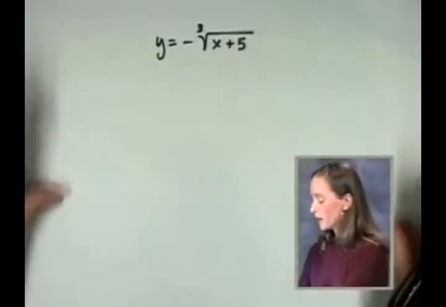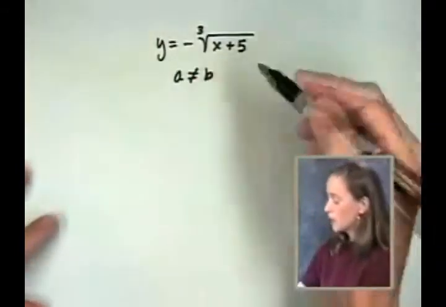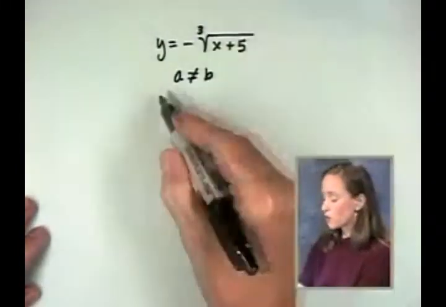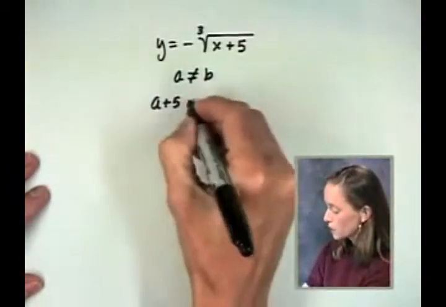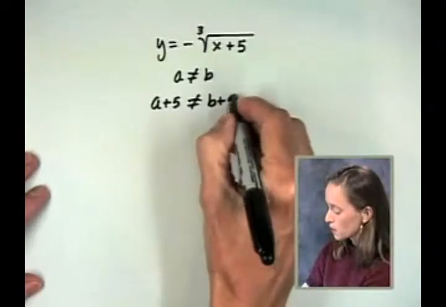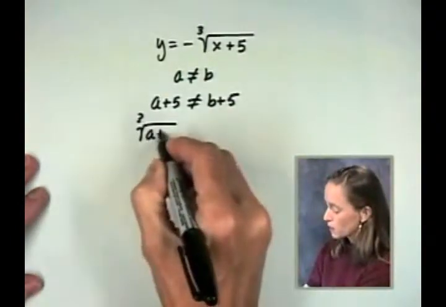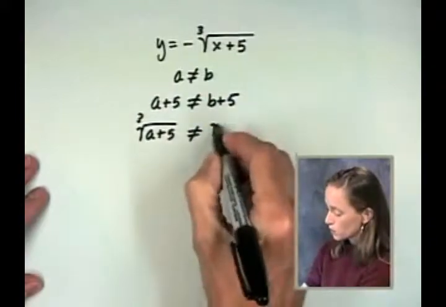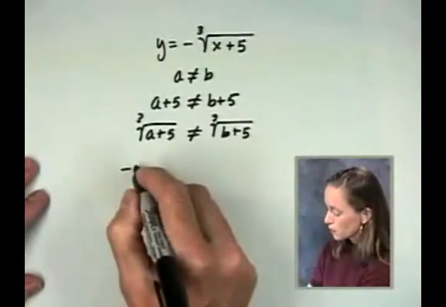We start, as the definition says, with the statement a not equal to b. And now I'm going to try to build this function on both sides. If a is not equal to b, a plus 5 is not equal to b plus 5. Now the cube root. The cube root of a plus 5 is not equal to the cube root of b plus 5. Now the negative.